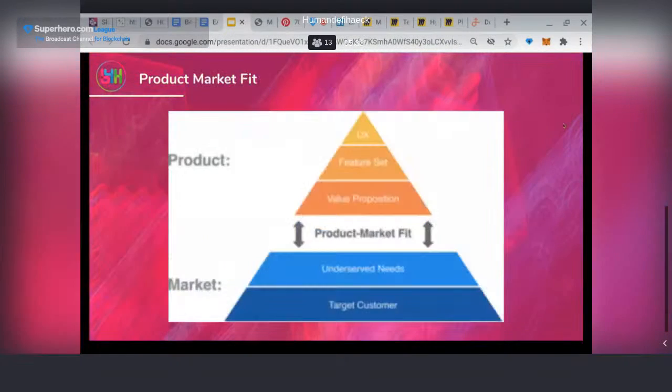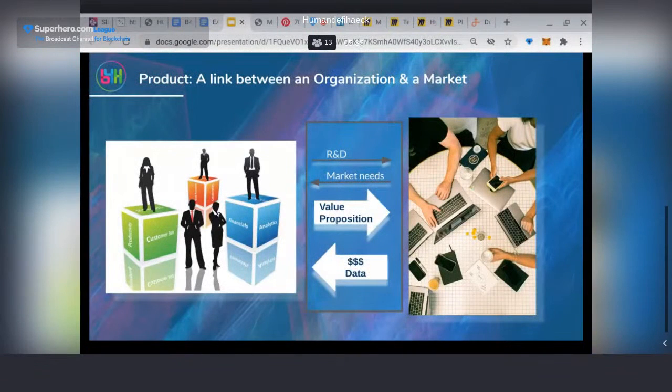There are different phases, of course, when a product is being delivered from an organization to a market, but in a very simplistic overview, it is what you see there. There is an organization offering a value proposition to a market, and there is a market answering back with their money or even with their data. We know that today data is equal to money.